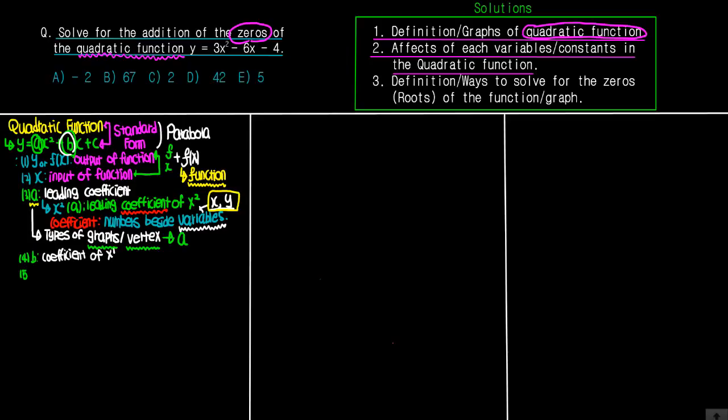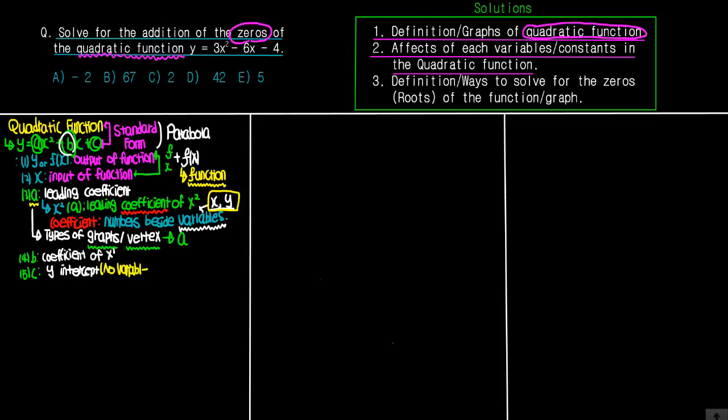And the last one in this case will be what is c? Well, c is the y-intercept. And we'll talk about what an intercept is. As we can see, the c value is a term that is different from a and b because it is a term without any variables.